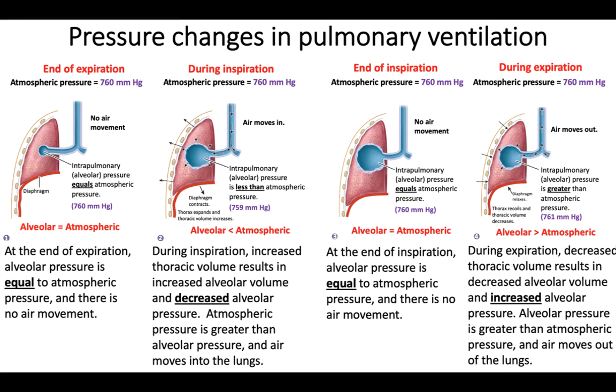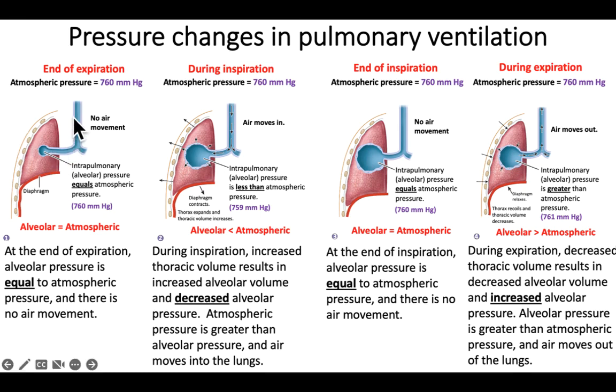When air stops moving, that means you have an equal pressure inside the alveoli as you do in the atmosphere, and you have no net movement. This diagram shows 760 in the atmosphere. That's never going to change, because you're not changing altitudes, you're not changing the pressure that surrounds you. You can only change the pressure inside the lungs.